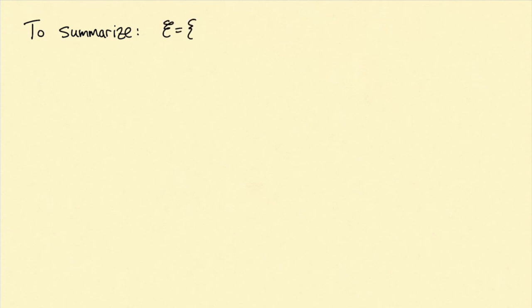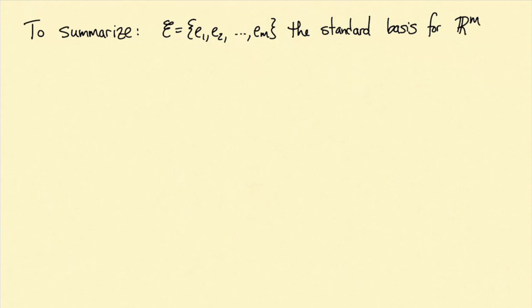Let's use script E with elements E1, E2, down to EM to stand for the standard basis for Rm with coordinates x1, x2, down to xm. So all of the points in Rm can be written as linear combinations of the EIs.